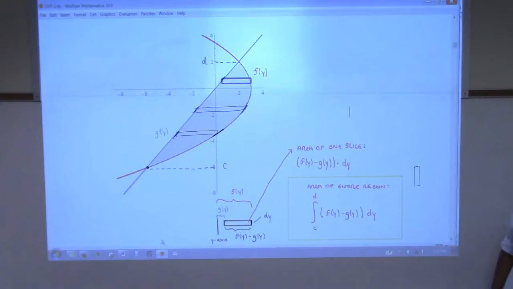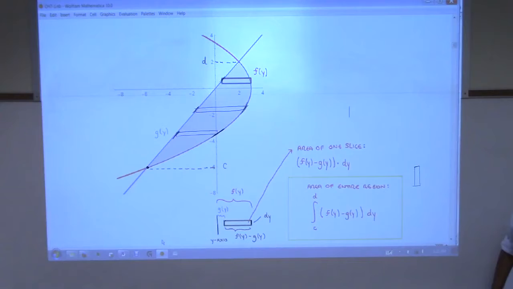F of x. So imagine this rectangle could be anywhere in this region, right? In fact, I'm going to have an infinite number of them, but no matter where I put the rectangle, do we all agree that the top boundary, the highest point on the rectangle, is dictated by the function f? F is going to control how tall it is, right? So this upper bound is f of x.